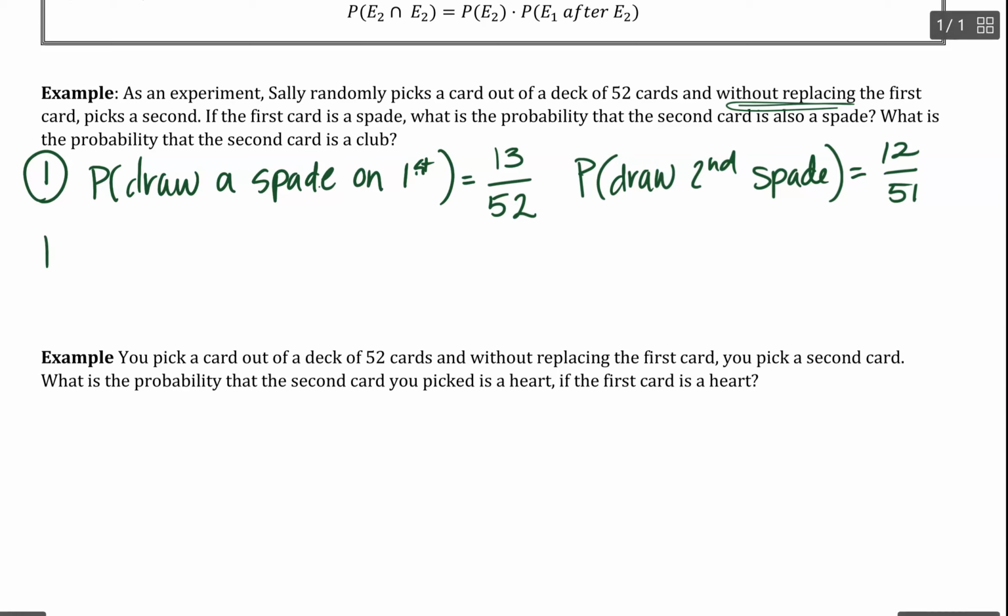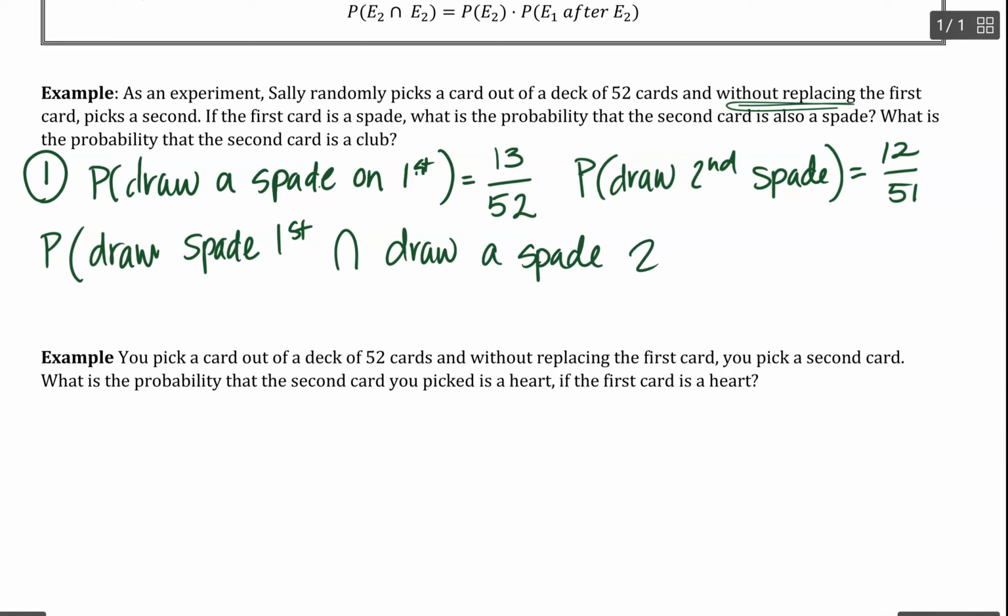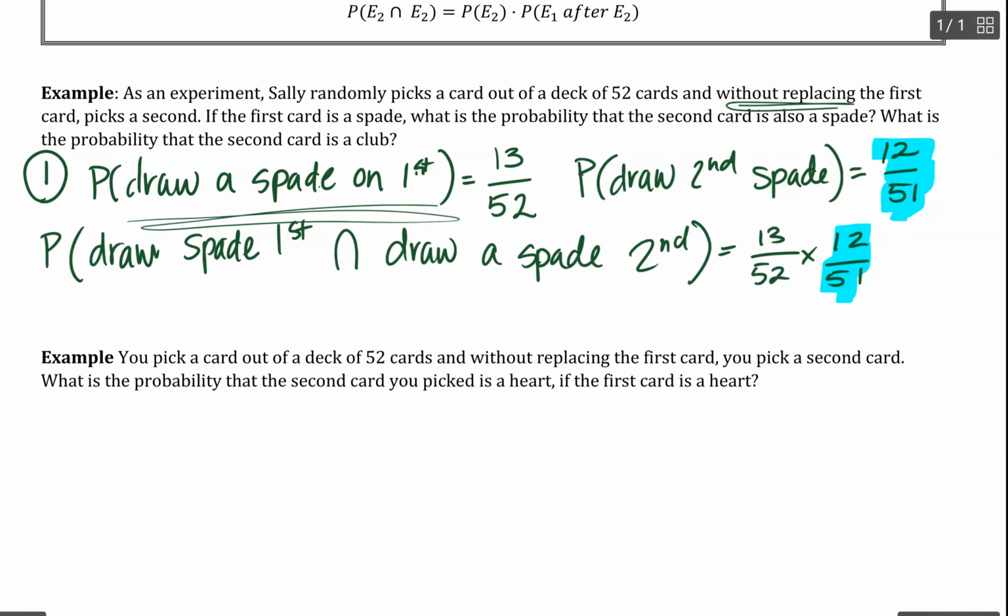So the probability in total that we draw a spade first and draw a spade second is equal to multiplying these two probabilities together, and we can only multiply them because our second probability accounted for the information that we already know.